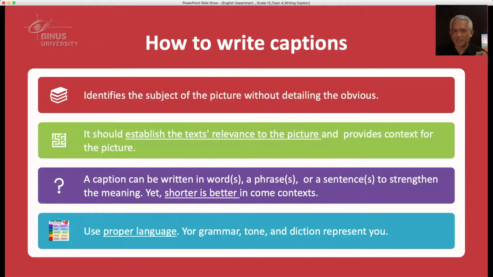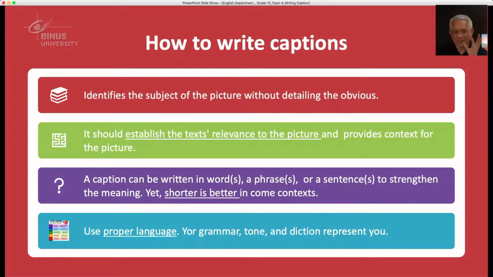When it is about a soccer match, write a caption about it. When it is about a chess game, talk about it. Even though in the first example someone is telling a long story because he felt there was a need to, in general, people would say that shorter is better when it comes to captions. Lastly, and most importantly, when you write a caption, check your grammar. Use proper language. Be careful with your diction.